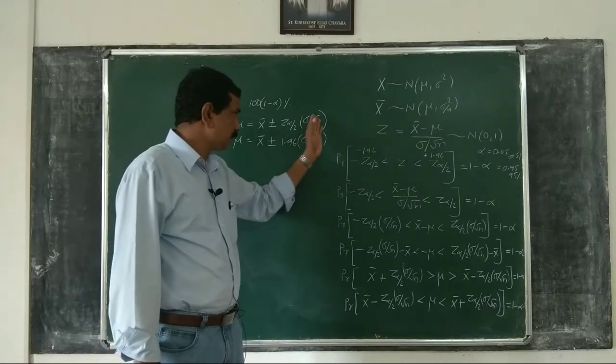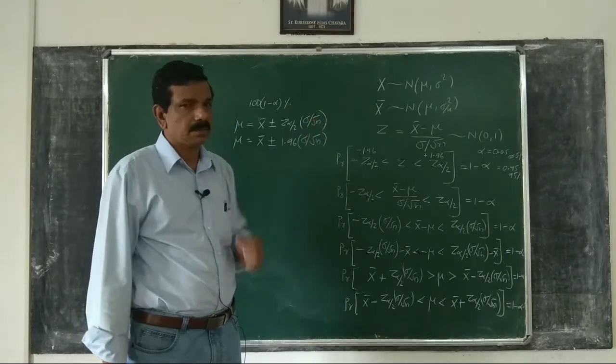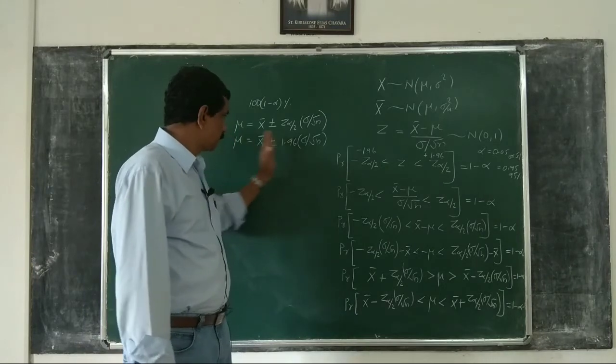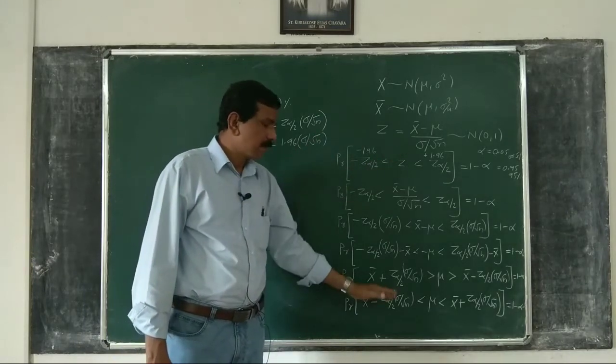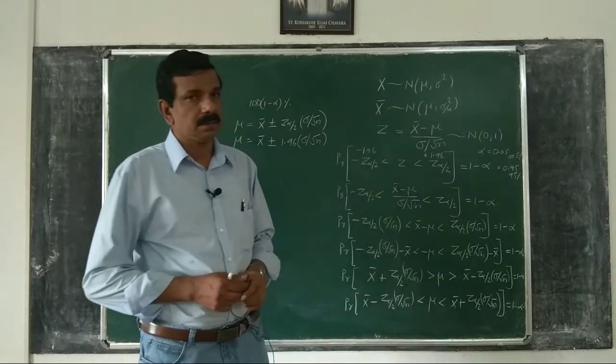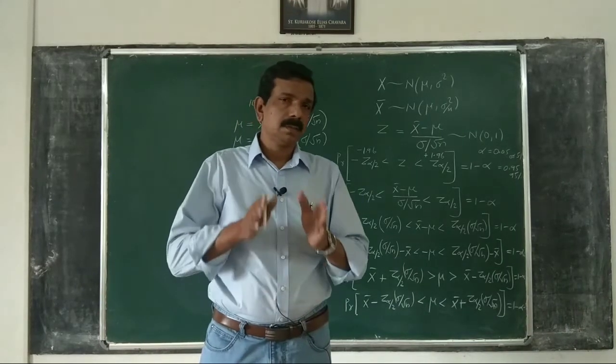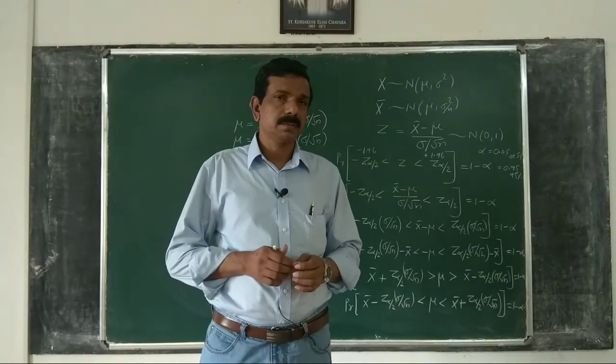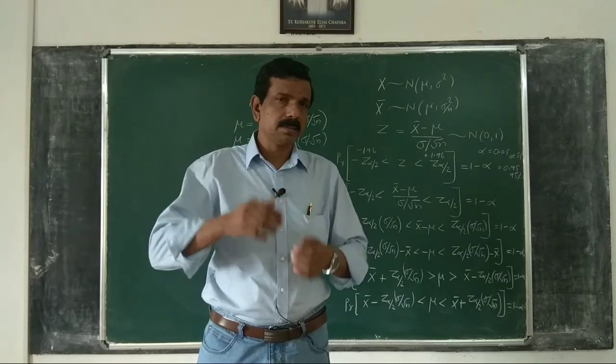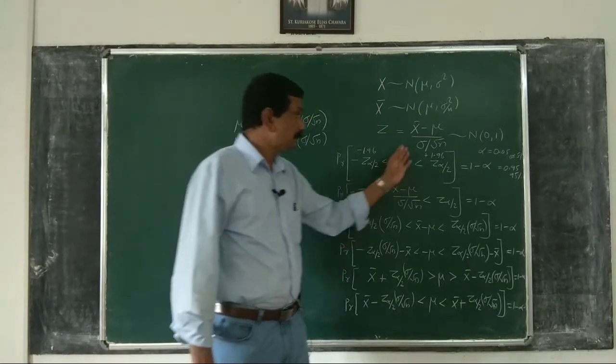Anyway, if known to us, n is the sample size, we know that. We can use Z distribution for construction of confidence intervals. But in empirical applications, in applied research, this sigma will be unknown.